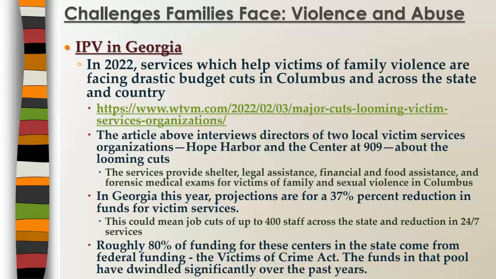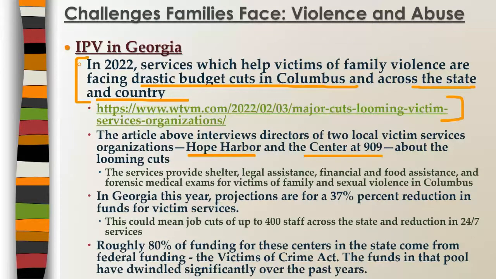In 2022, services which help victims of family violence are facing drastic budget cuts in Columbus and across the state of Georgia and the country even. I have a little link to an article from WTVM about that here. The article above that you can click on if you want to interviews directors of 2 local victim services organizations in Columbus, Hope Harbor and the Center at 909, about the looming budget cuts.